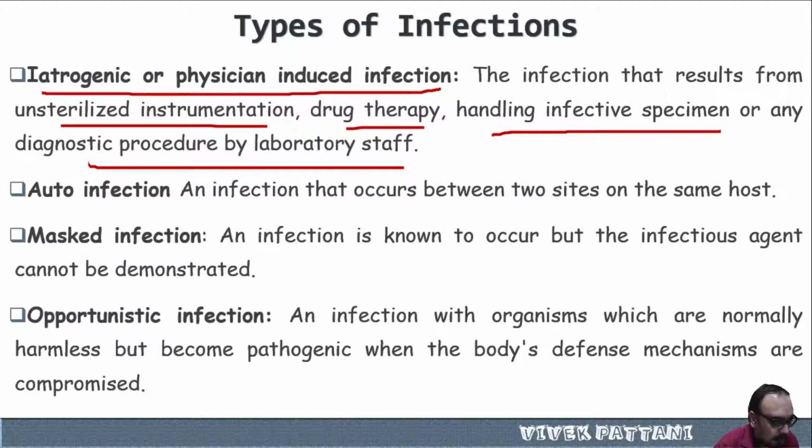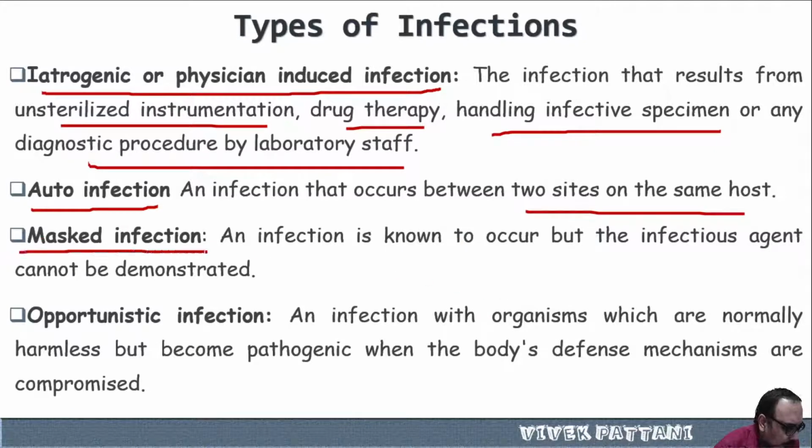Now the next one is auto-infection, an infection that occurs between two sites of the same host. It's not a pure term, but it occurs at the same sites.